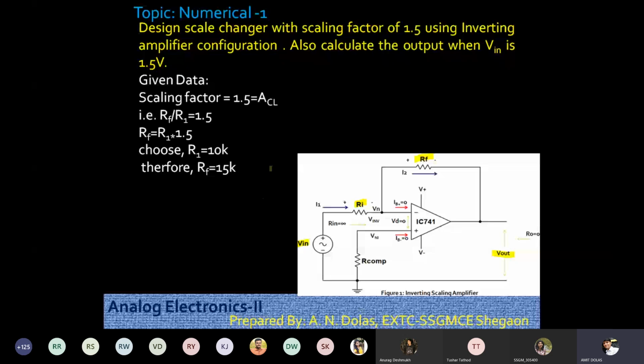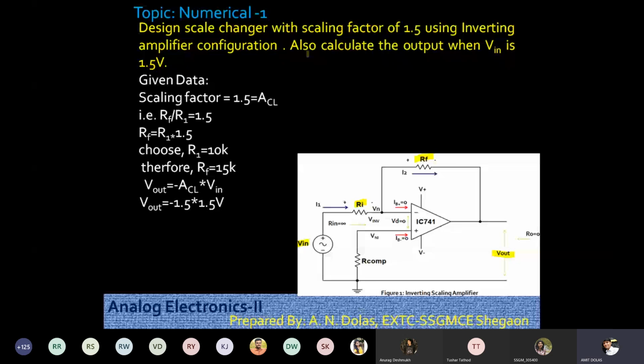In a simple way, output is equal to minus of 1.5, that is RF by R1. So Vout is equal to minus ACL into Vin. ACL is 1.5, and the input asked here is 1.5 volt.